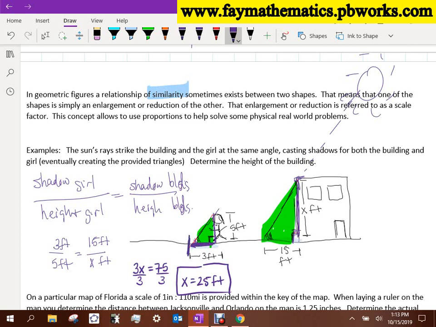Put the tape measure end right there, the other end right there, and I directly measured her shadow. Does that make sense? I used the device and lined it right up next to her shadow and measured it. I did the same thing with her height. I lined her up with a ruler or a tape measure, and I measured her height directly. The same thing with the shadow of the building.